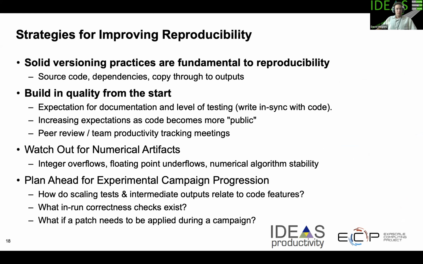I'm going to skip over kind of fast some of these other slides, but they're present in our online tutorials, in our online material that's linked with these presentation slides. They help you to kind of build up a questionnaire or kind of a mind map of what's happening with our testing strategy and what other things might we want to consider. Numerical artifacts, planning ahead for your progressive experimental campaign, checkpointing and restart, all of that extra functionality.